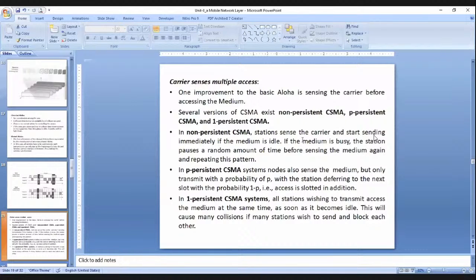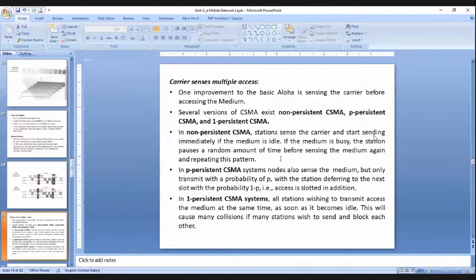If the medium is busy, what you need to do is wait. The station pauses a random amount of time, so it will be in a waiting state until it senses the medium is idle, and that's how it repeatedly senses.